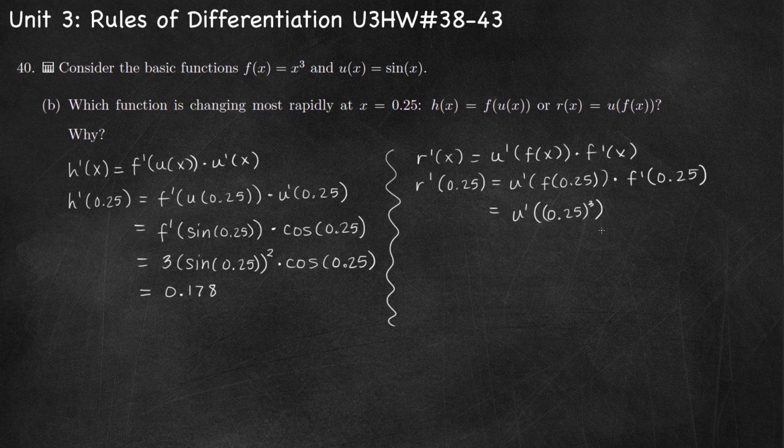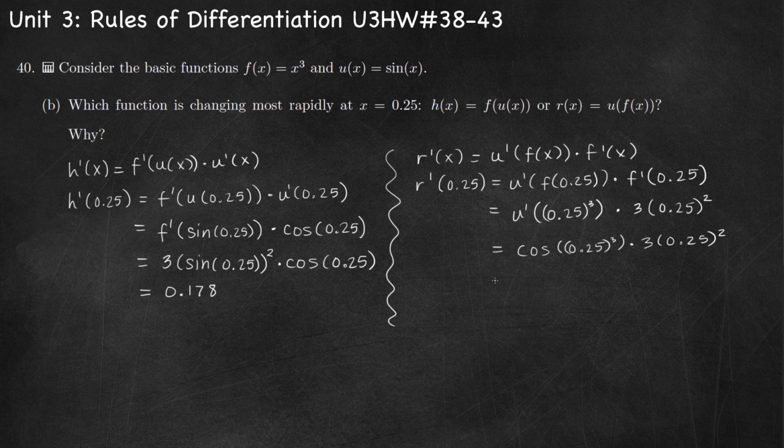So we're going to need u prime of 0.25 cubed times f prime of 0.25, and f prime of x is 3 times x squared. So we need 3 times 0.25 squared. Now u prime is equal to cosine, so we need cosine of 0.25 cubed times 3 times 0.25 squared.